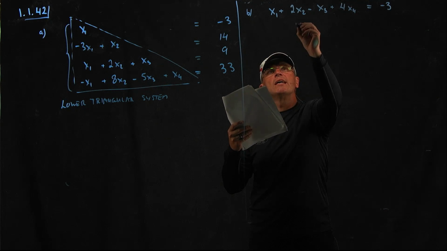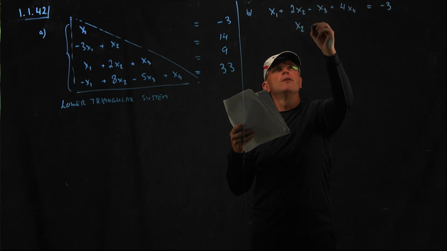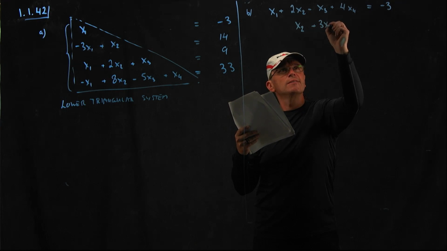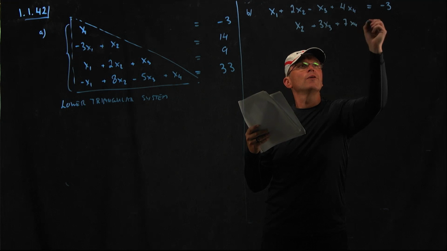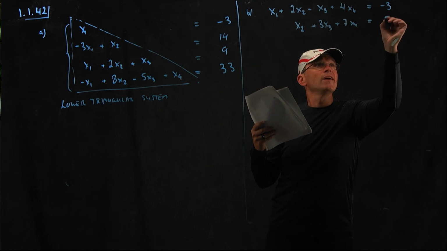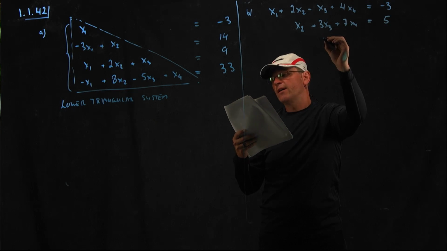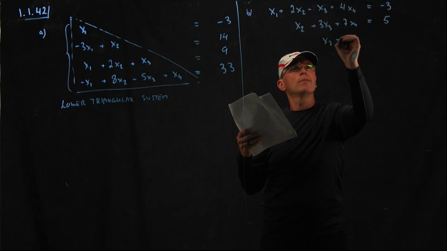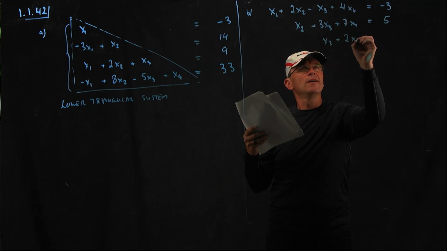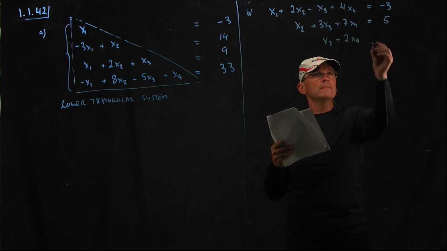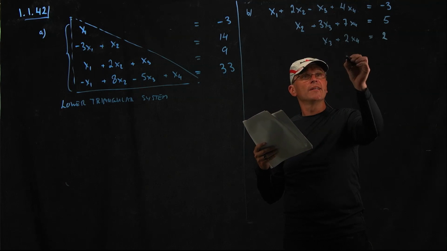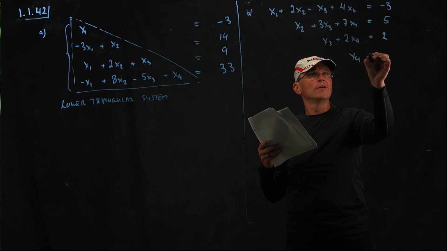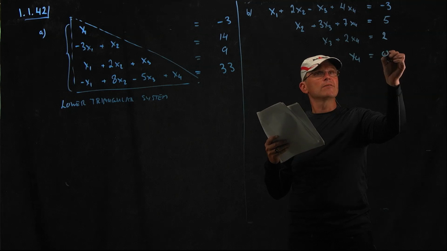Then we have x2 plus 3x3 plus 7x4 equals 5. We have x3 plus 2x4 equals 2. And finally, we have x4 equals 0.